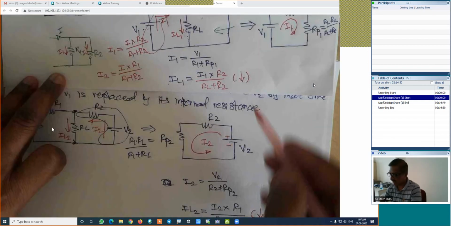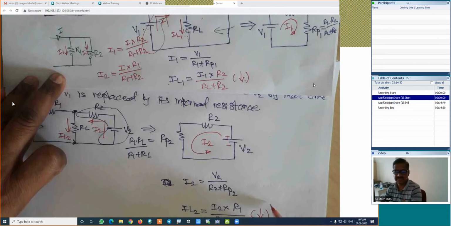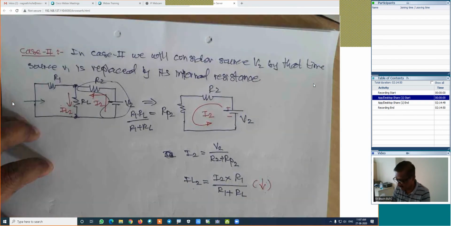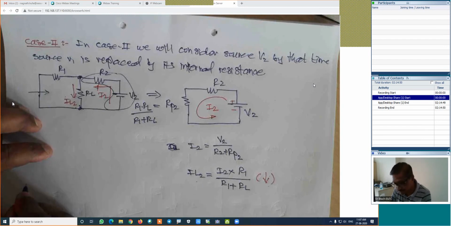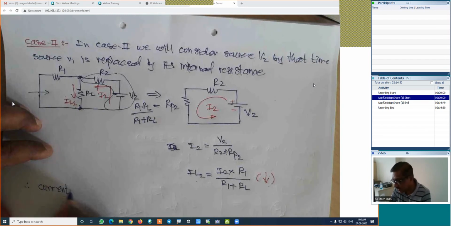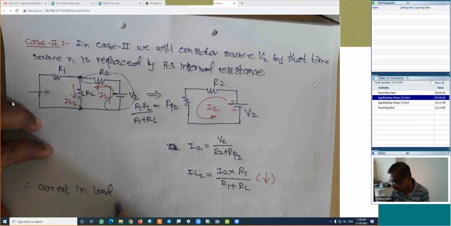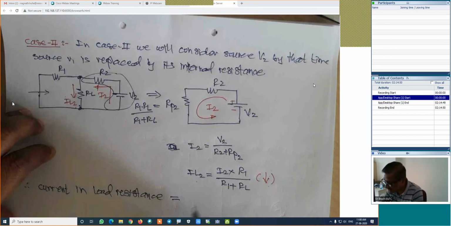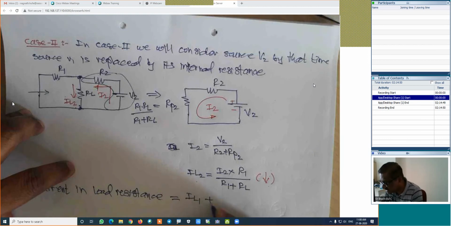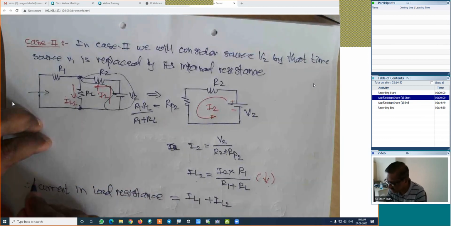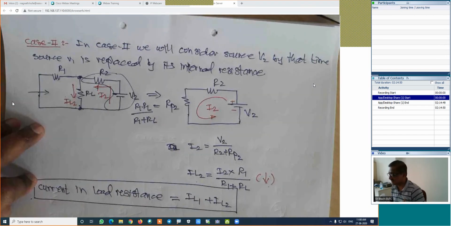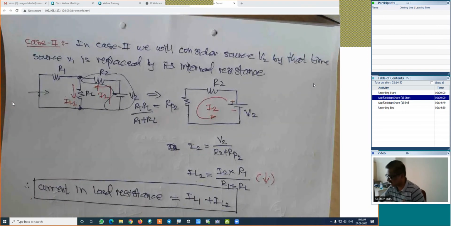Therefore, the current in the load resistance, as the direction of both is the same, is IL1 plus IL2, and this is the final formula for the superposition principle. In this way, we are able to find out the current in this branch.